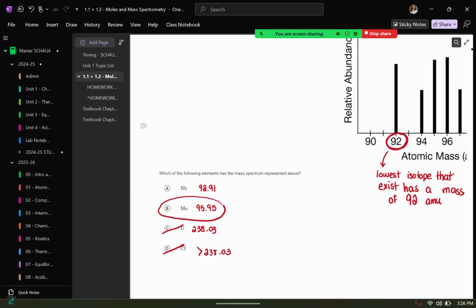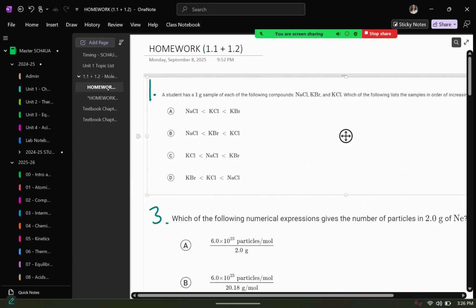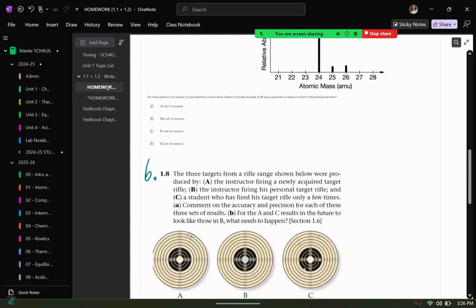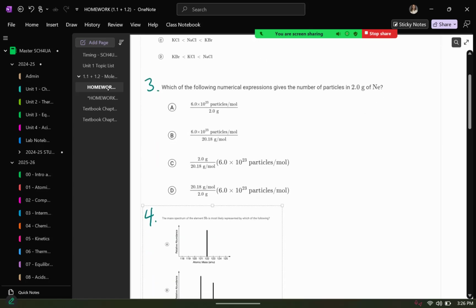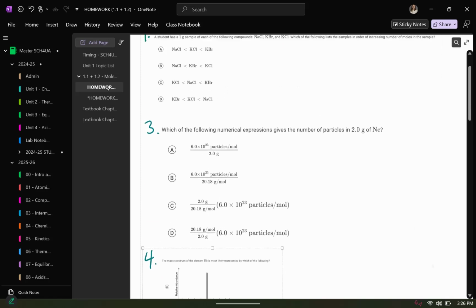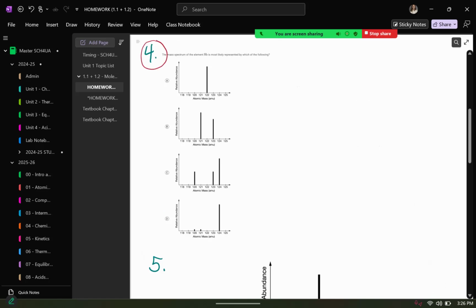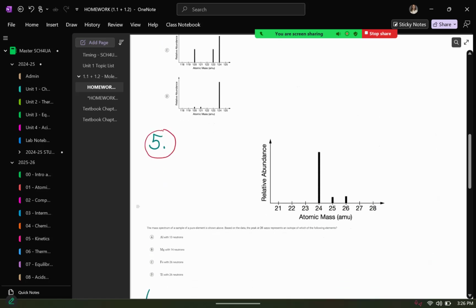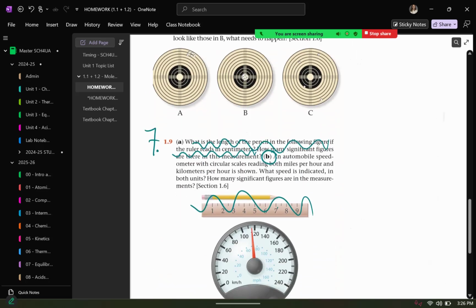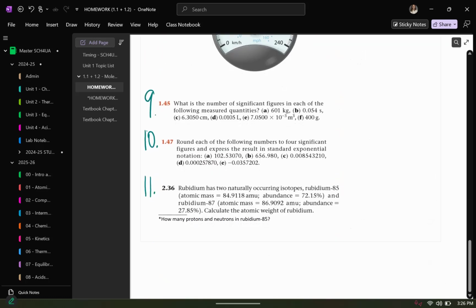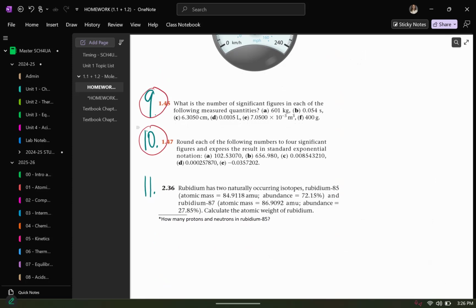So in terms of the expectation for homework, some of this is going to be review, and we will take it up together. I will ask that you do questions 4, 5, 9, 10, and 11.